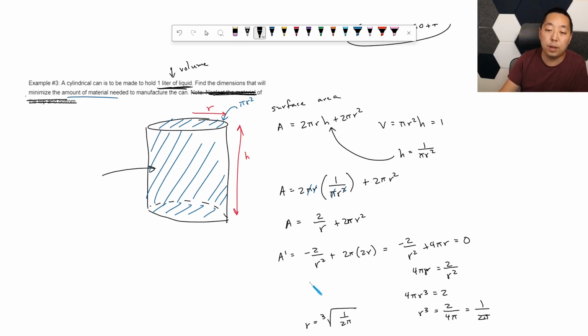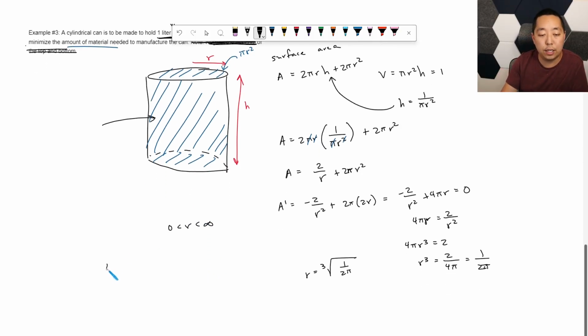Now, what are some other bounds? R can actually go from 0 to infinity, technically, right? Those are some bounds on here. So when we're trying to find which one area is going to maximize or minimize, we're going to plug in different values of r. We'll do r equals 0, and the cube root of 1 over 2 pi. And if you plug in 0, well, it's not really 0, but if you go towards 0, this is going to be infinite, right?